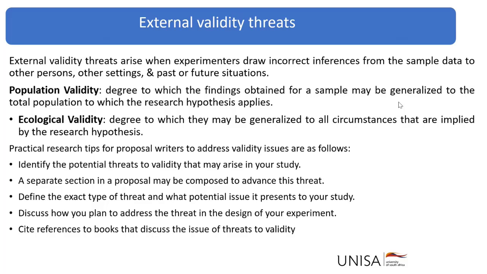You define the exact type of threat and what potential issues it presents to your study. You discuss how you plan to address the threat in the design of your experiment, so you are aware of it, and you explain how you are going to address the threat, and that you do in your plan of your research.